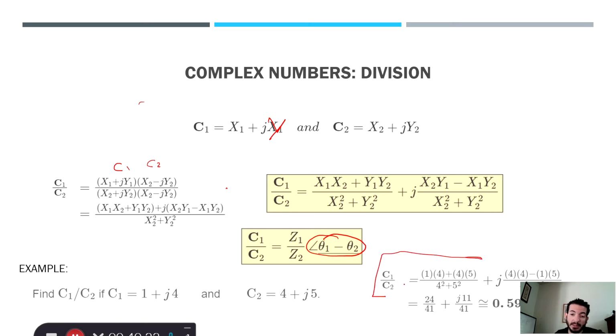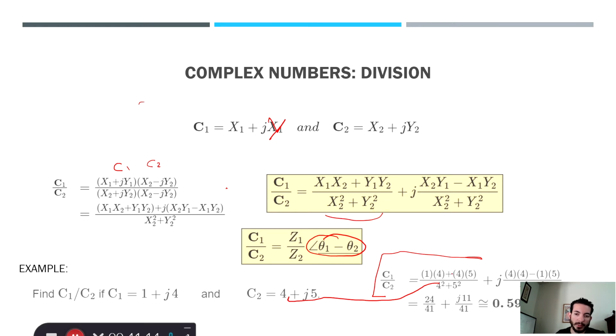C1 divided by C2 is 1 times 4, the real part of C1 and the real part of C2, plus 4 times 5, which is the imaginary part of the first one and the imaginary part of the second one, divided by the real part of the second number squared plus the imaginary part of the second number squared. I'm following this formula right here.